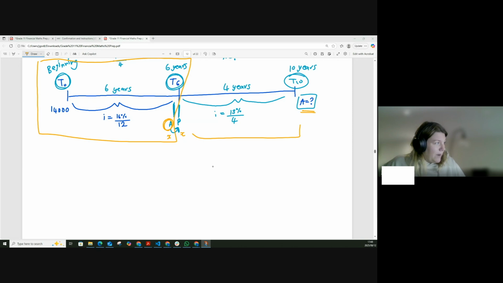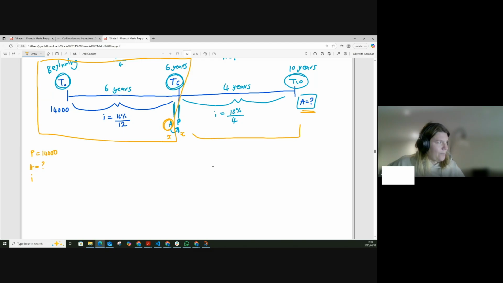In this yellow block, P is 14,000. A, we don't know. I is 16% over 12. And N is 6 years being compounded monthly. So it's going to be 6 times 12, which is going to give us 72.